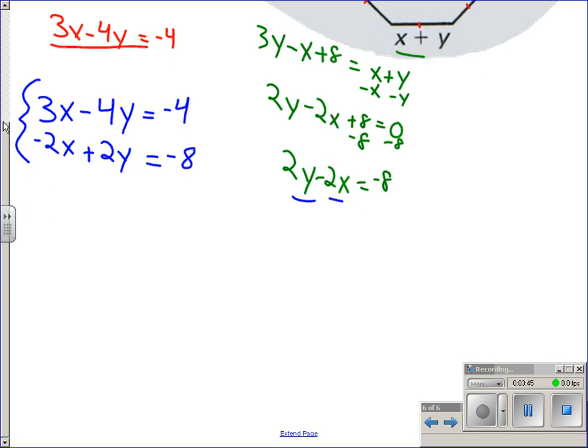I'm looking at the y terms. I've got a negative 4y and a positive 2y. If I multiply this bottom equation by 2, that gives us negative 4x plus 4y equal to negative 16. And I'm just going to rewrite the first equation.